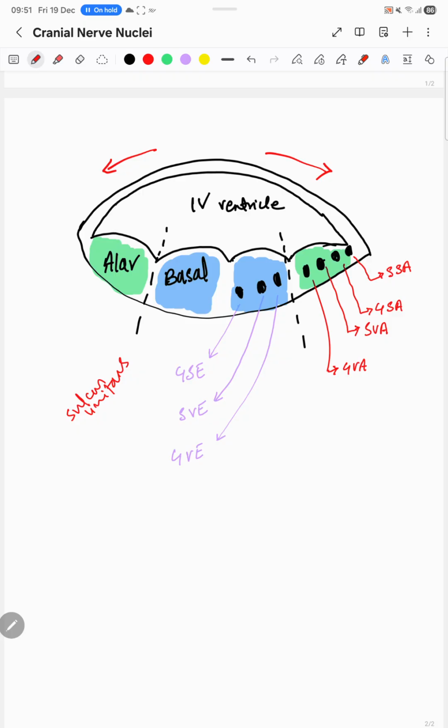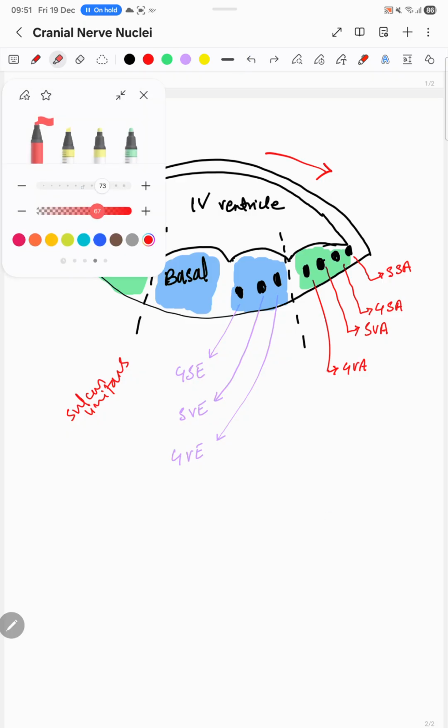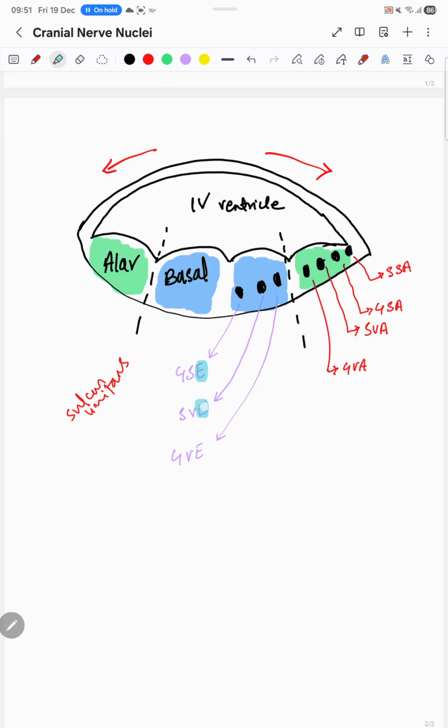Can you see the difference in their names? These guys have afferent in their names, but these guys have efferent in their names.